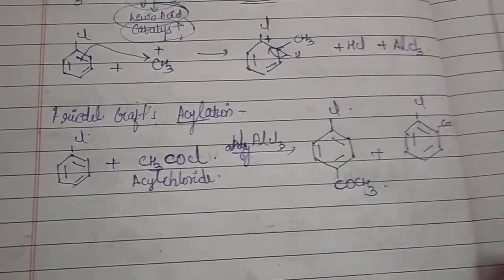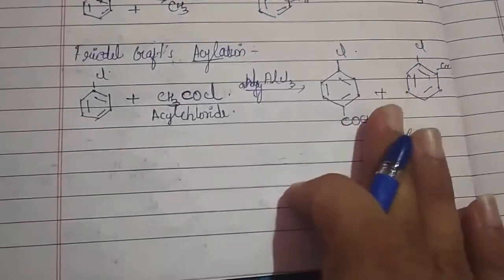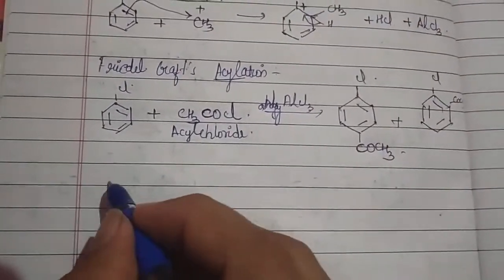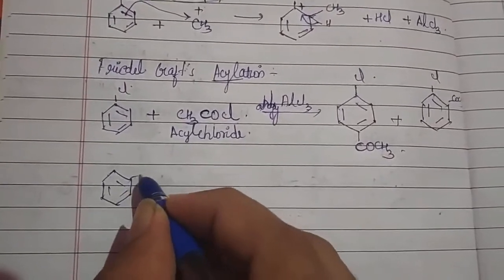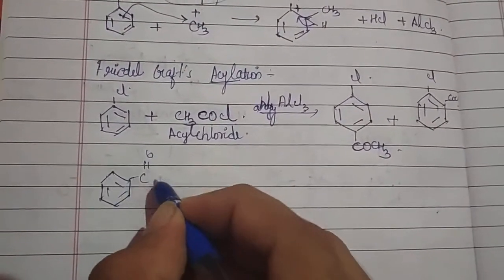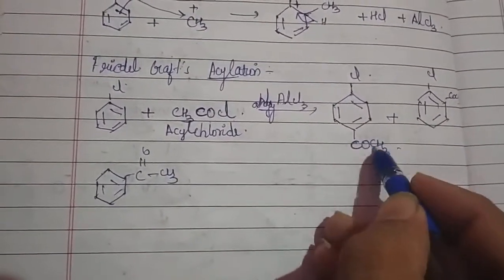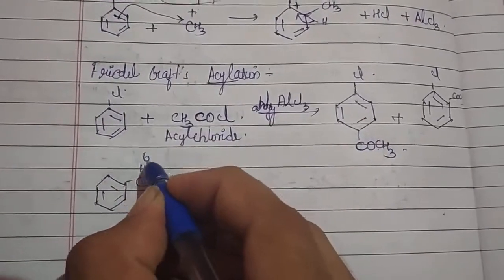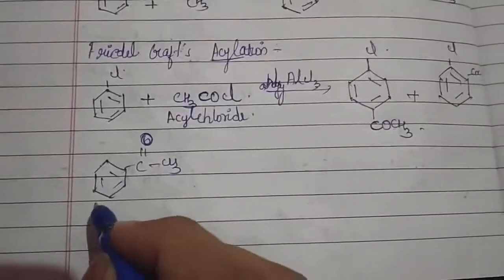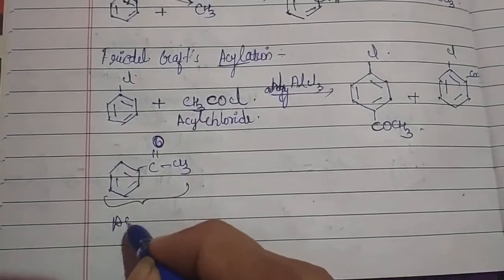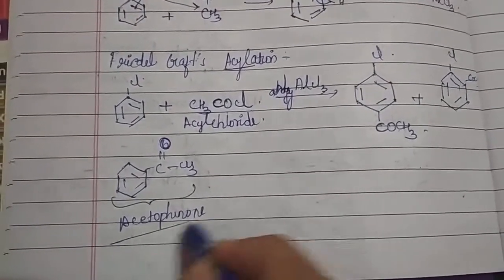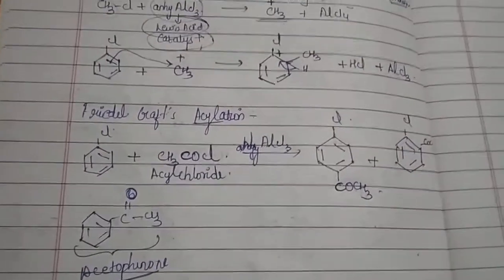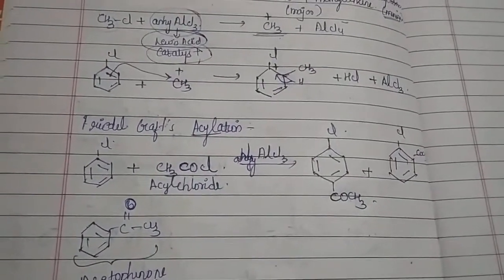And do remember guys, while naming this, I want to tell you something. When your benzene is directly attached to C double bond O CH3, CO means it is a ketonic group. So this compound has been given a name called acetophenone. One of the important compounds, called acetophenone.